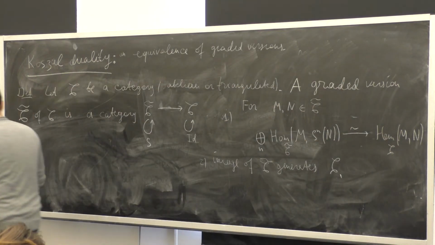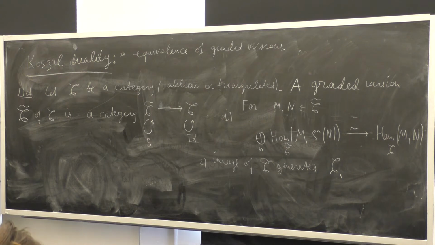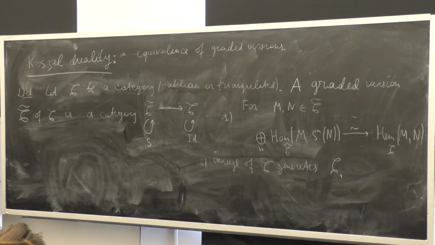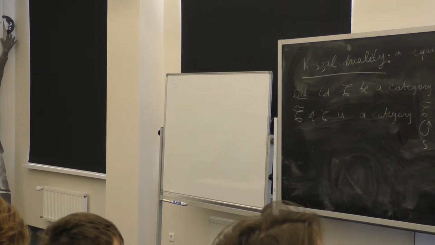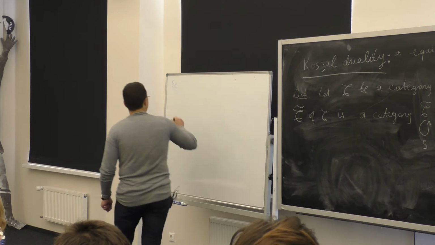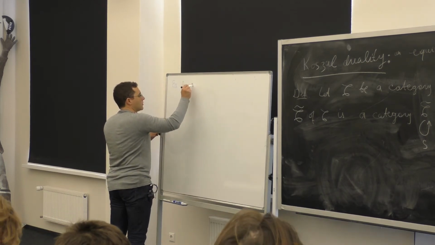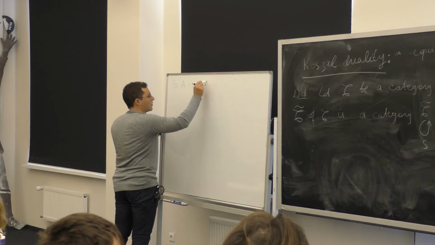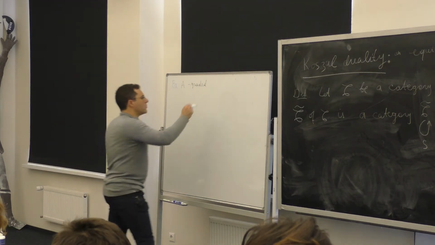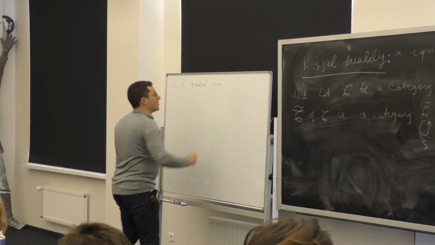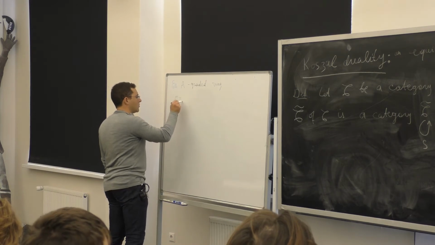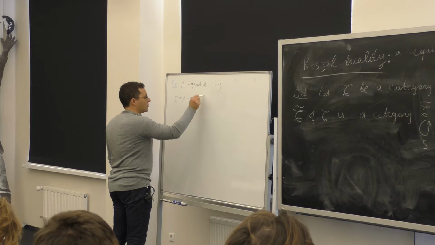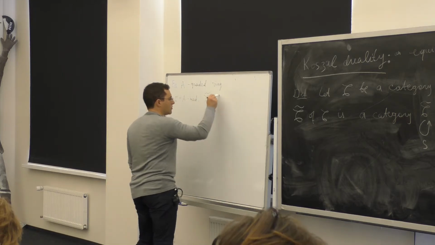But so, an example is when A is a graded ring with some finiteness properties, maybe Noetherian, and then C is modules over A, and C tilde is graded modules over A.